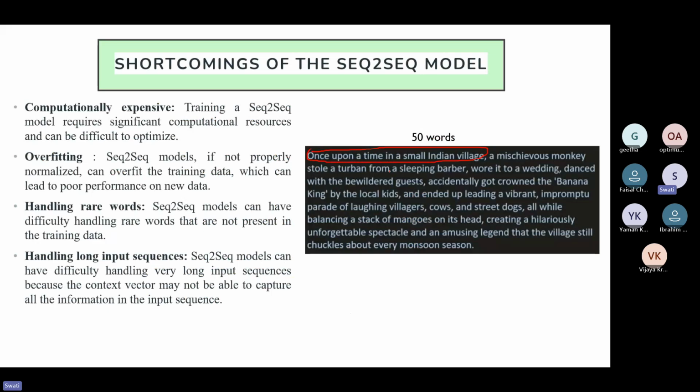So when you translate, you keep focus on some words instead of the extra words. There will be some attention given to these words.